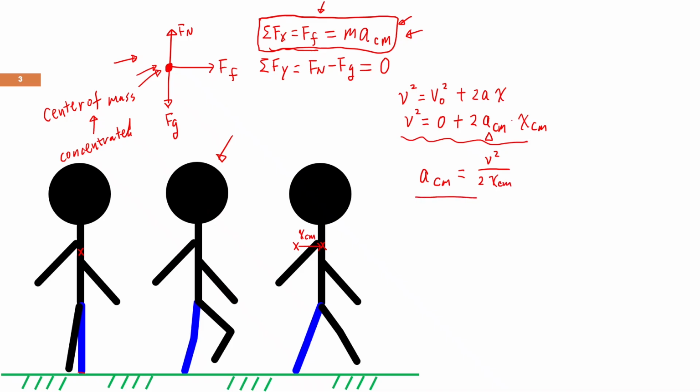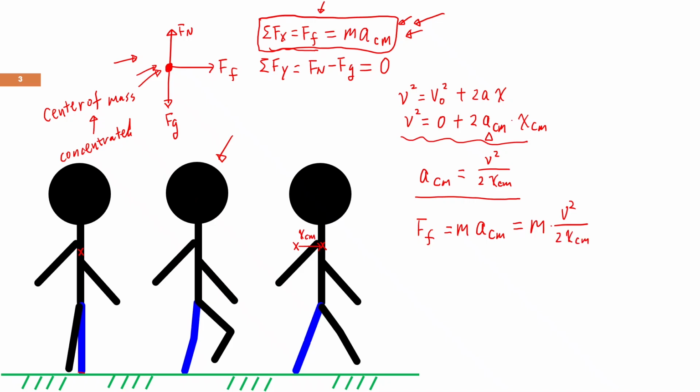Now, if we have our center of mass acceleration, we can substitute into this equation. So we get F friction equals mass times the center of mass acceleration, which is mass times v squared divided by 2 times the center of mass displacement.